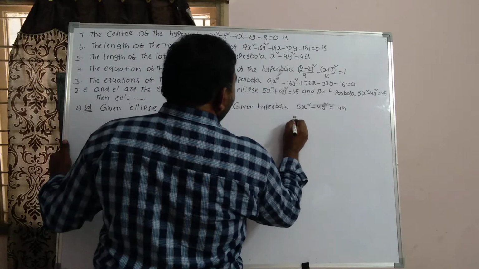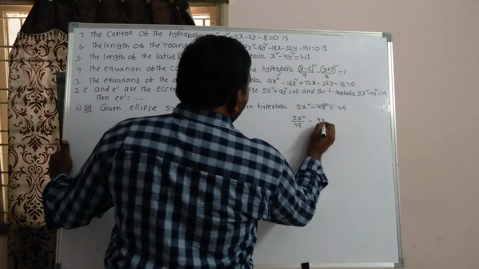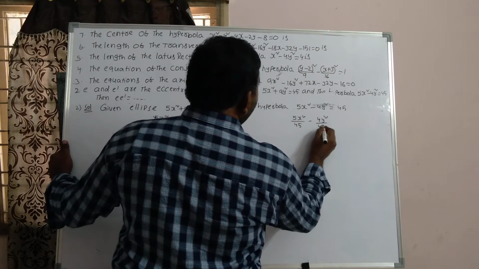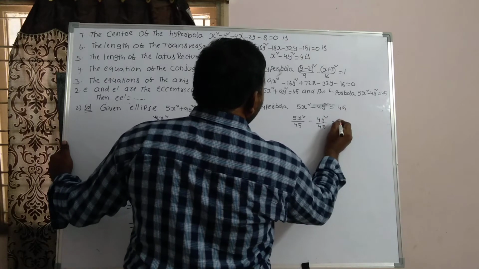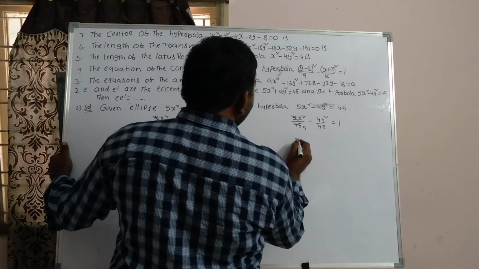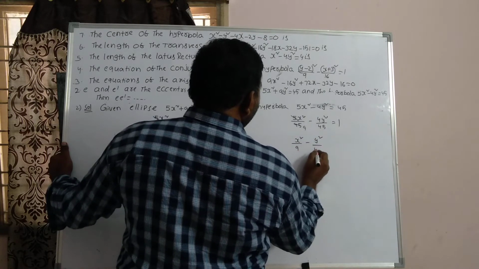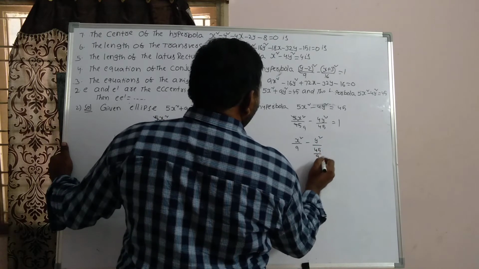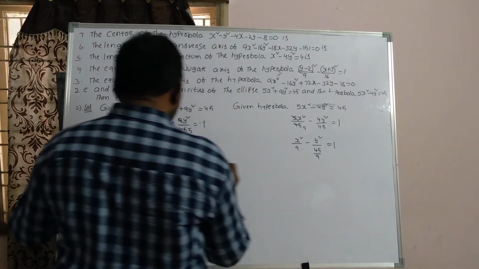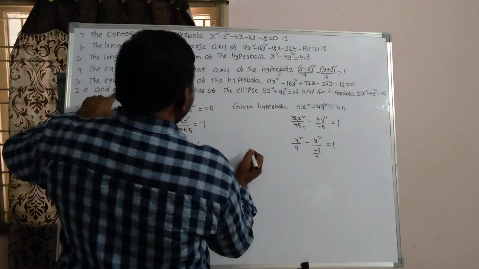We get 5x square by 45 minus 4y square by 45 is equal to 45 by 45 means 1. 5 ones are 5, 5 nines are 45. So this becomes x square by 9 minus y square by 45 by 4 is equal to 1. Here also we find the eccentricity. The eccentricity of the hyperbola is e dash.